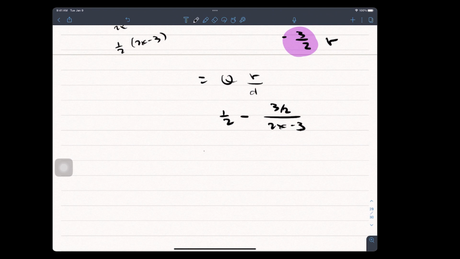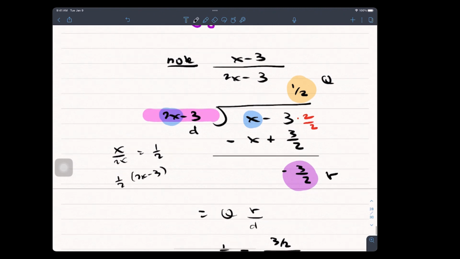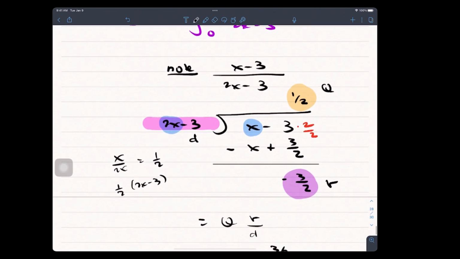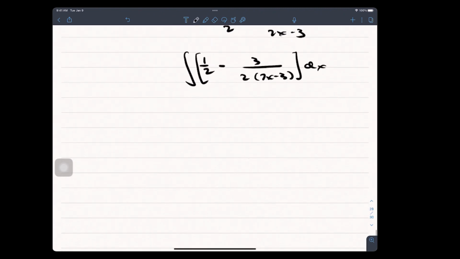So the fraction becomes 1/2 minus (3/2) over (2x minus 3). We can integrate this instead. So that fraction we have here is equal to this just by doing some long division.